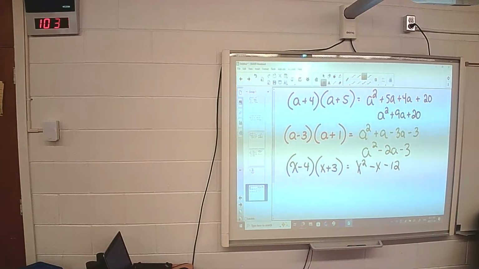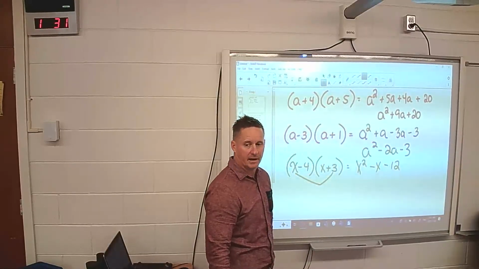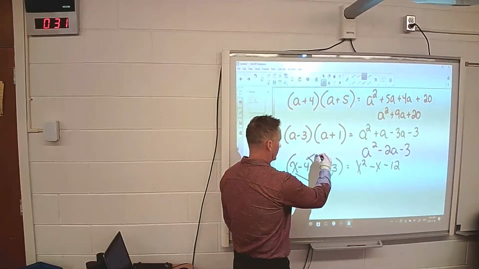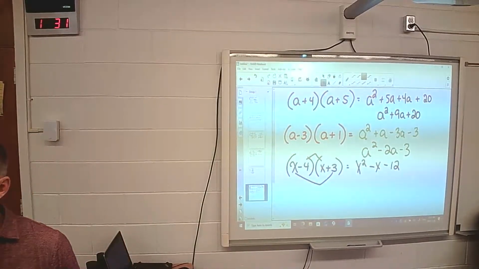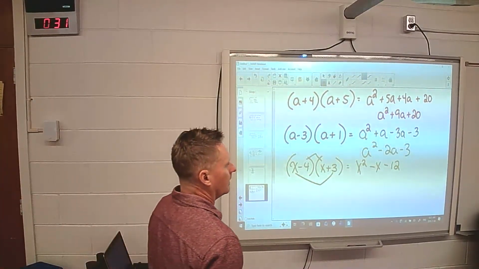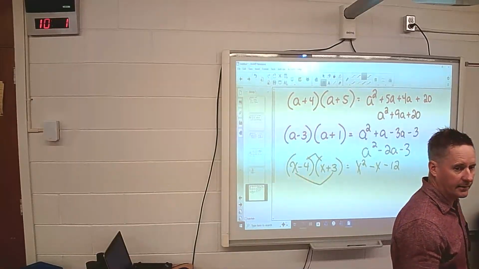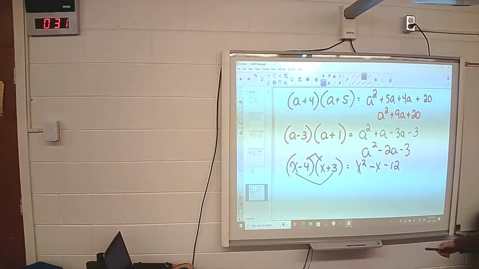But how does that make the middle term? Because the outside is plus 3x. The inside is minus 4x. Minus 4 add 3 is minus 1. Oh, okay. It's like compact. Okay. How are we doing?